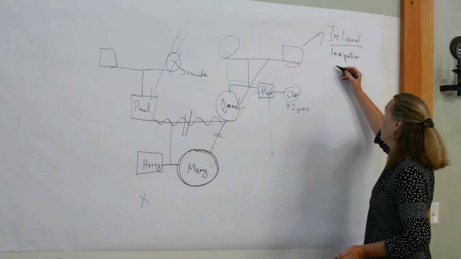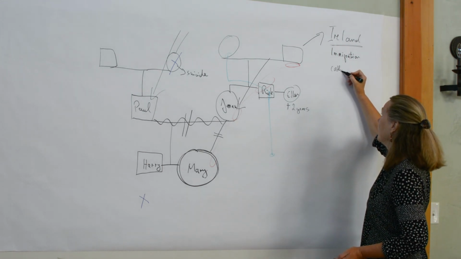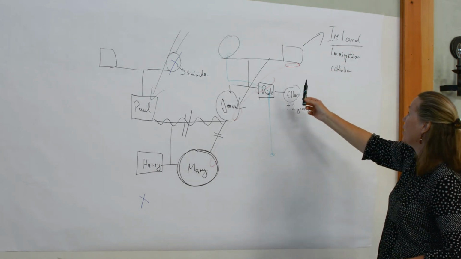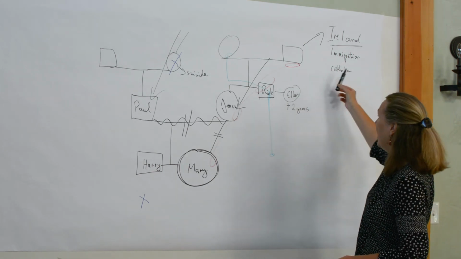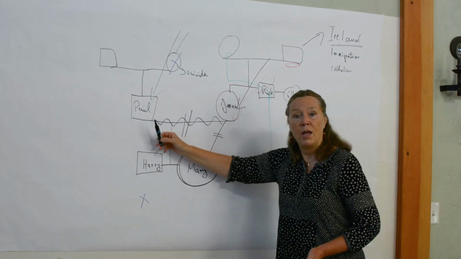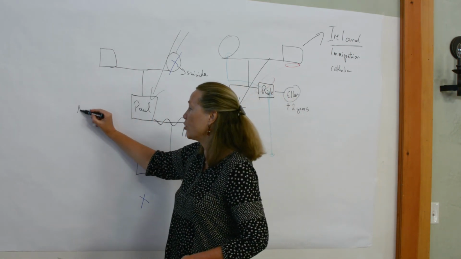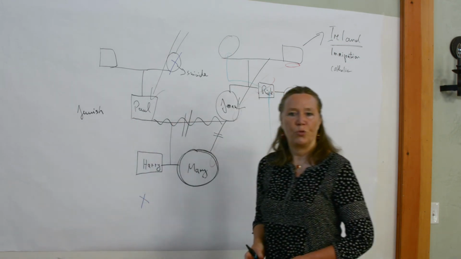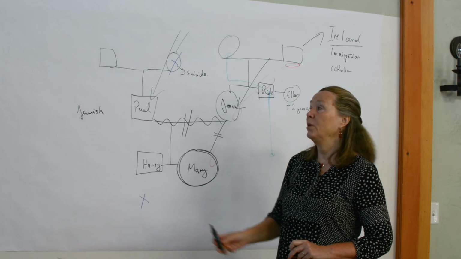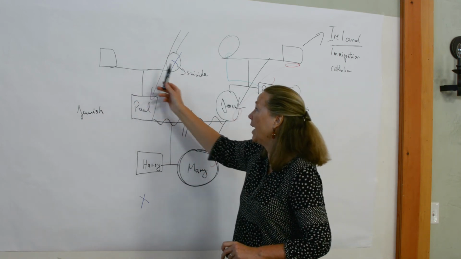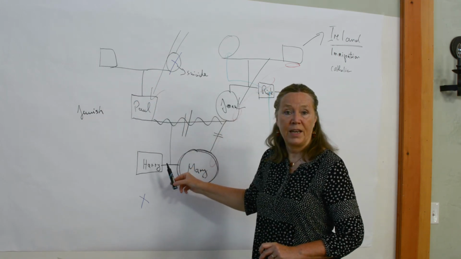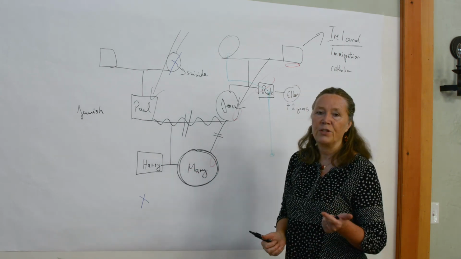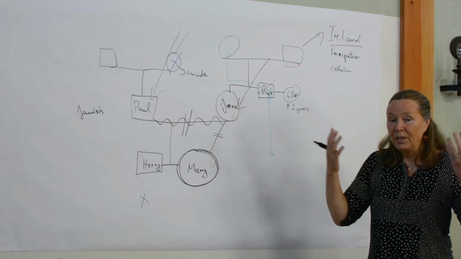So let's say we have Catholic over here, right? And let's just imagine on the other side, Joan, who is Catholic, marries Paul, and let's say Paul is Jewish. It may not be an issue, but it could be a big family issue if that's not okay with his Jewish family side. So religion is a big issue. Cultural influences are a big issue that you want to be aware of.